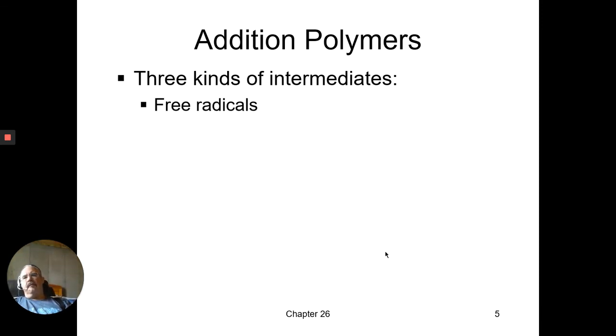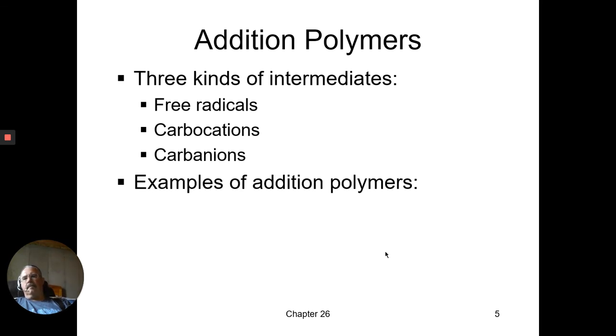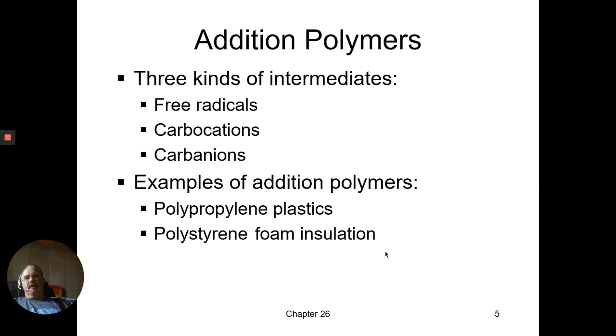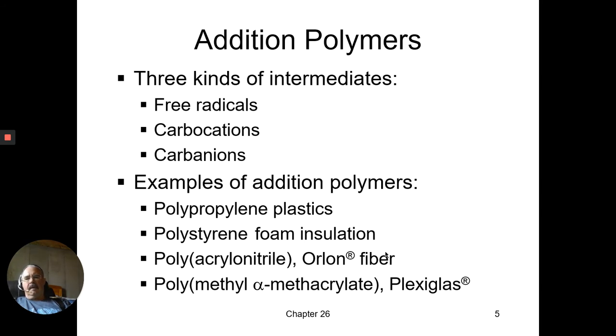Okay, these include free radicals, carbocations, and carbanions. Okay, so some examples of addition polymers include polypropylene plastics, polystyrene foam insulation, polyacrylonitrile, and polymethyl methacrylate.